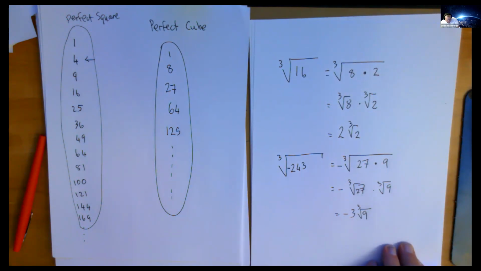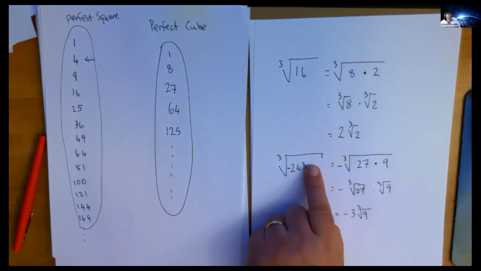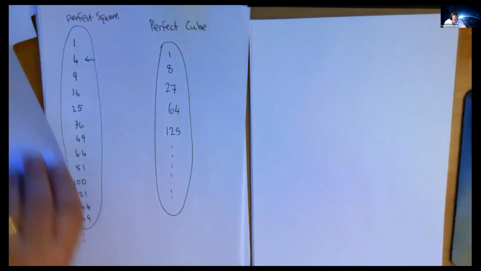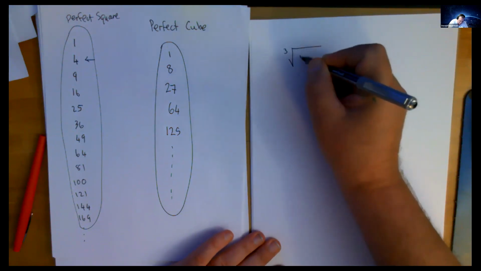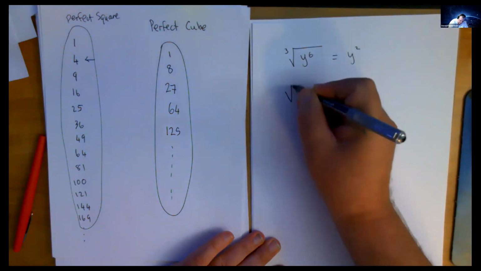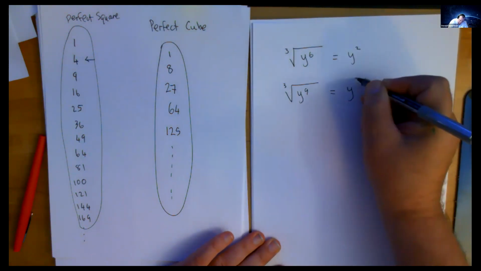Now the only thing I need to do now is put powers in here, and that's pretty much that situation covered. Great. So the cube root of y to the 6 is y squared, and the cube root of y to the 9 is y cubed.